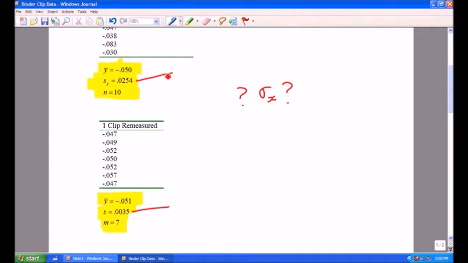This measures real variability binder clip to binder clip plus measurement variability. This measures the device variability, and what I want to do is somehow combine those to make an estimate of the real clip to clip variability.